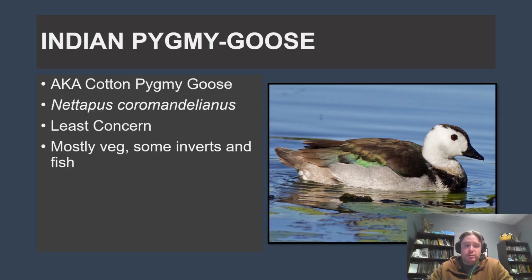The Indian pygmy goose, which is much more commonly known as the cotton pygmy goose, is Nettapus coromandelianus. This is a species of least concern and primarily eats vegetation and invertebrates, and very occasionally a small fish.